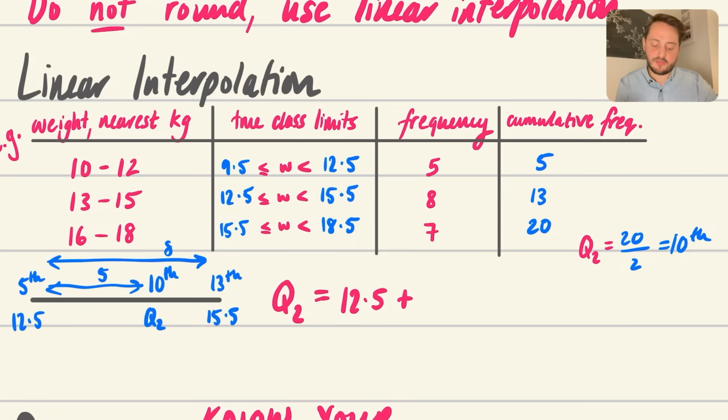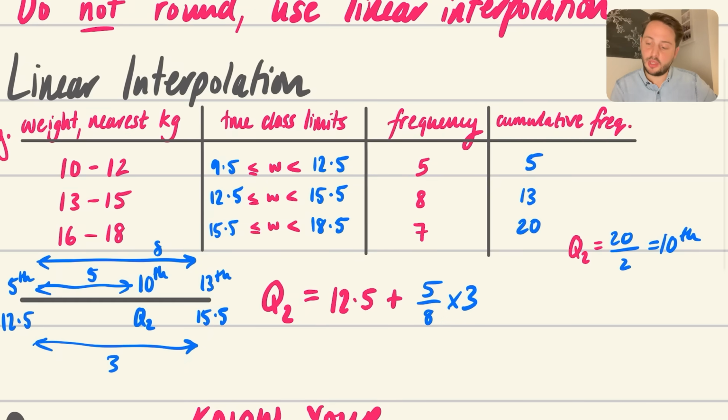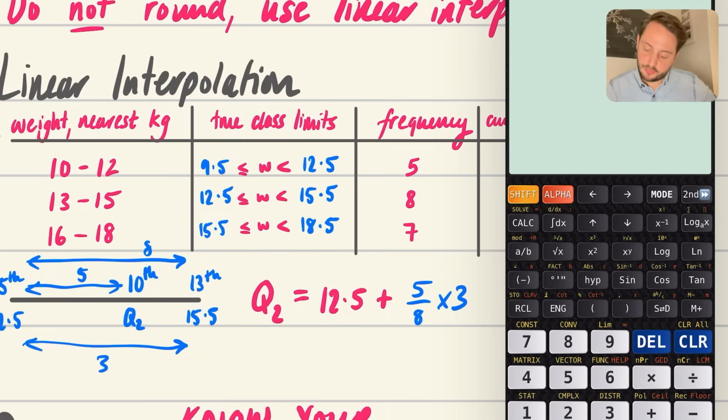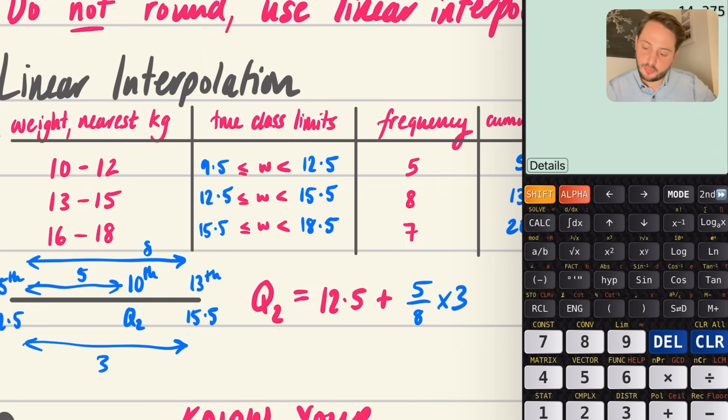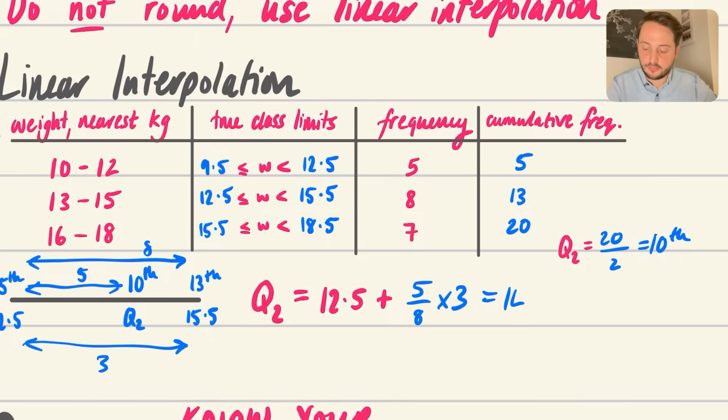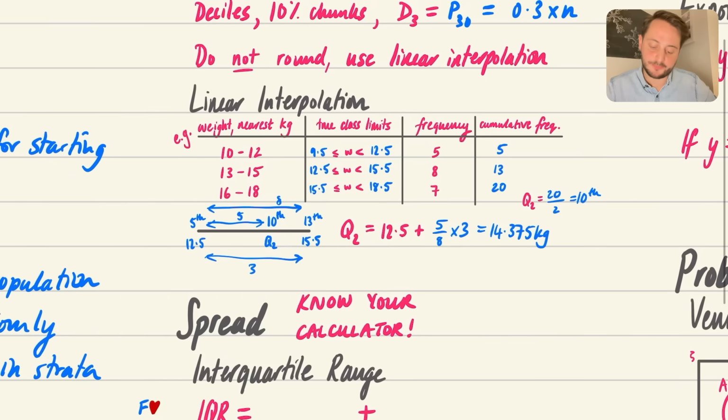So I want to go 5/8 of the way along that bottom gap, and the whole length of it is 3. So I want to go 5/8 of 3 along from 12.5. On my calculator, 12.5 plus 5/8 of 3 is 14.375. So the median is 14.375 kilograms. It's all about keeping the proportions the same there.